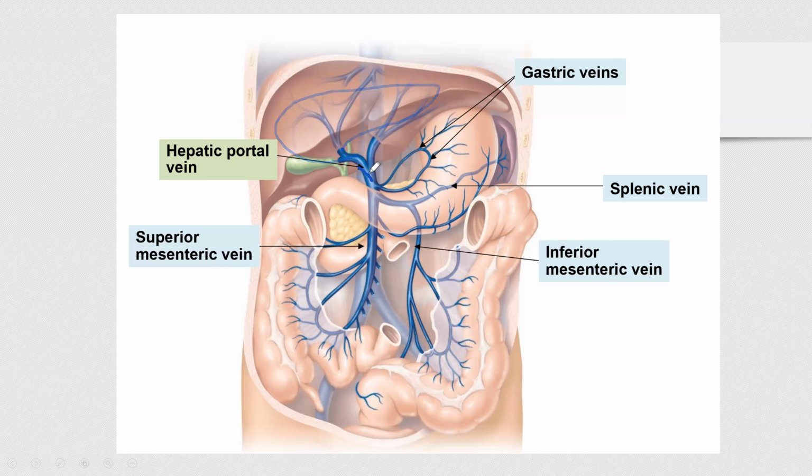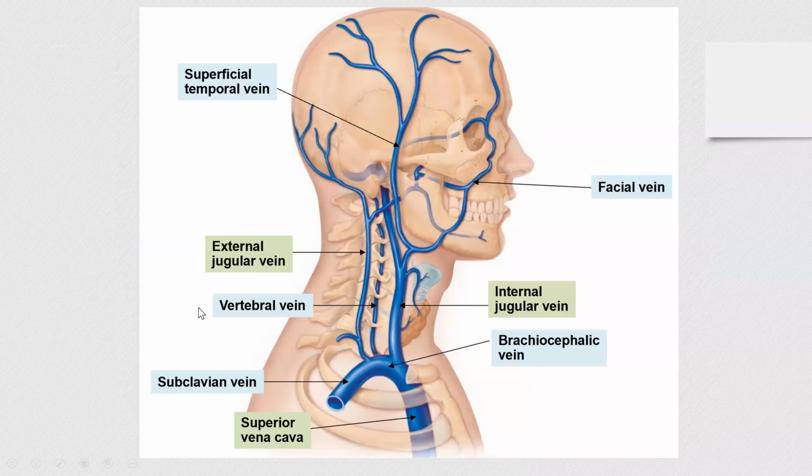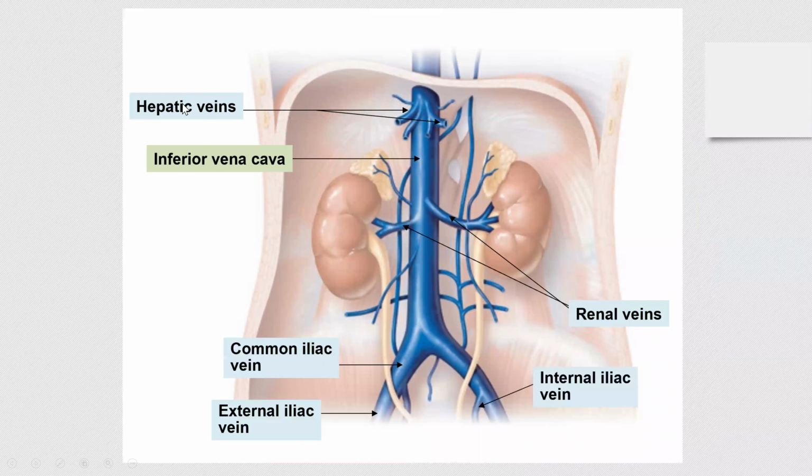And the blood vessel that delivers this venous blood from your digestive organs to your liver is called the hepatic portal vein, hepatic portal vein. And then from the liver through the hepatic vein, this blood returns back to the inferior vena cava.